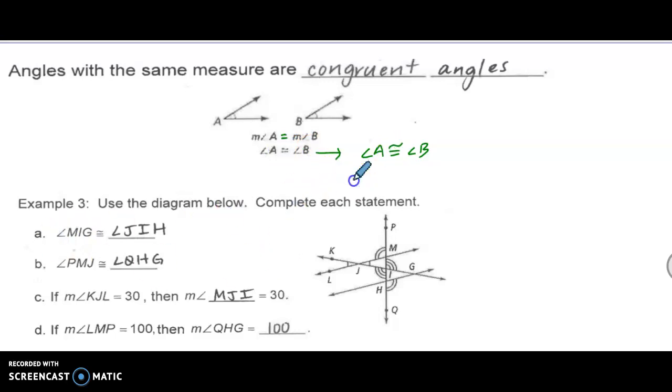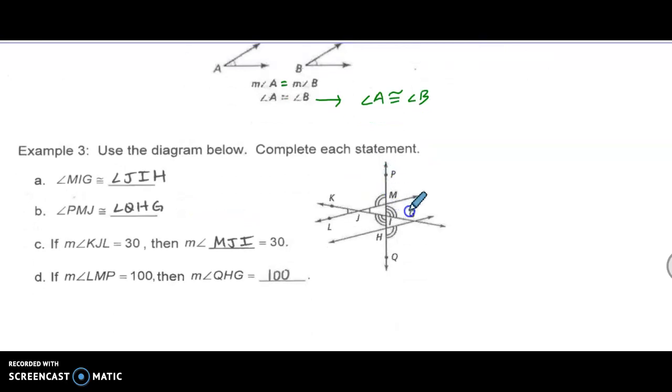So here in example 3, this was in the notes. Angle MIG, right here. You see how it has the triple arcs, the 3 arcs? And notice over here, across from it, it also has 3 arcs. That means they're the same measure.